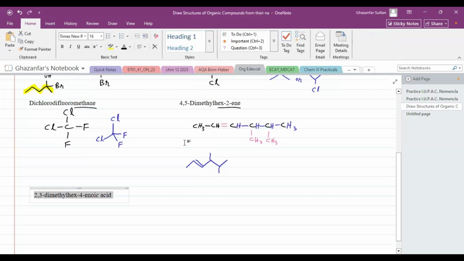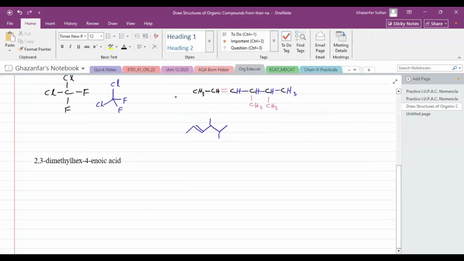Okay. So how will you do this? If you are directly writing the bond line formula, because it's up to you, you can draw the bond line formula directly as well in A level, not in our Pakistani boards. In Pakistani boards, bond line formula is not introduced at intermediate level.